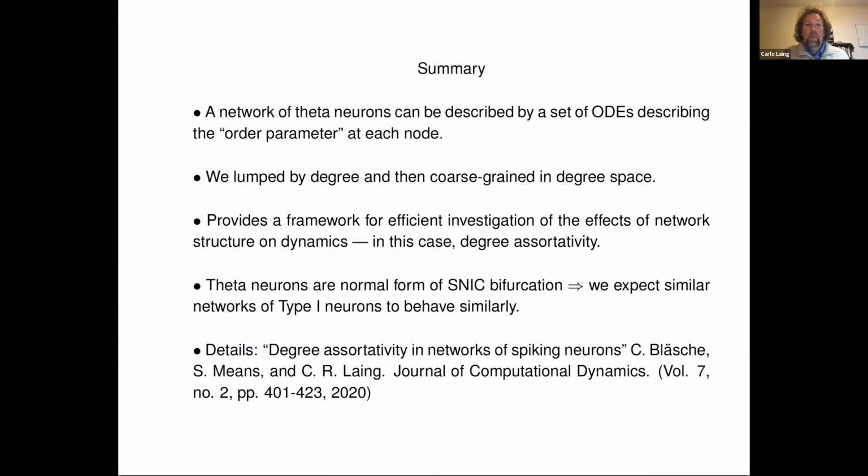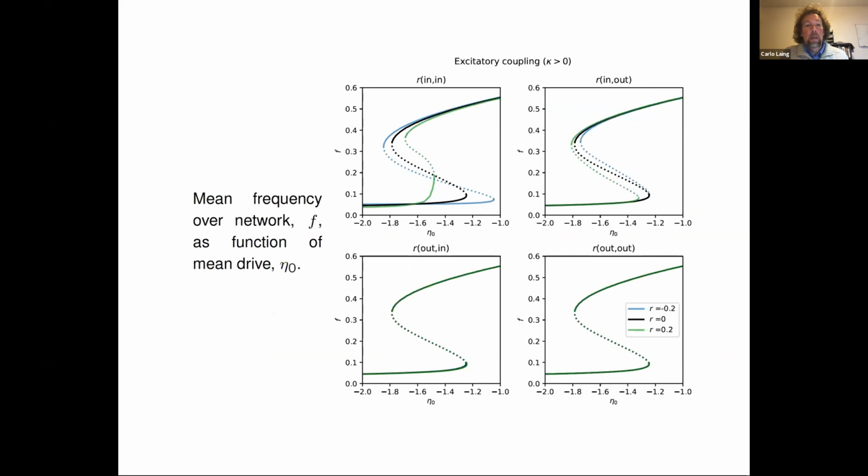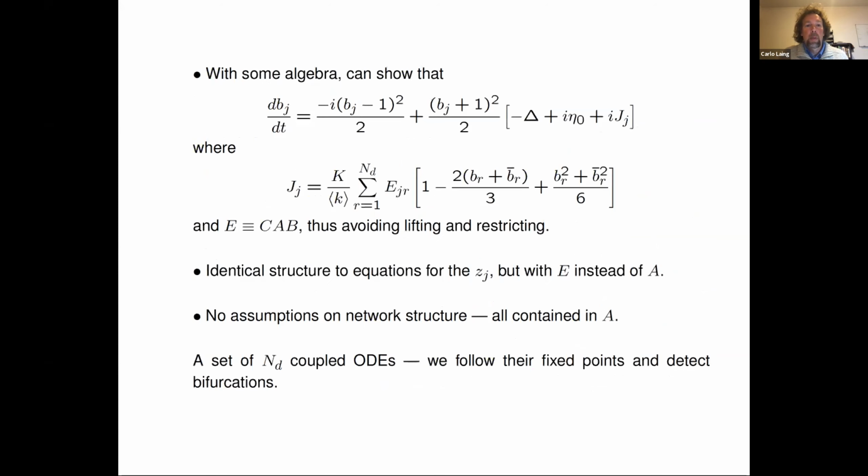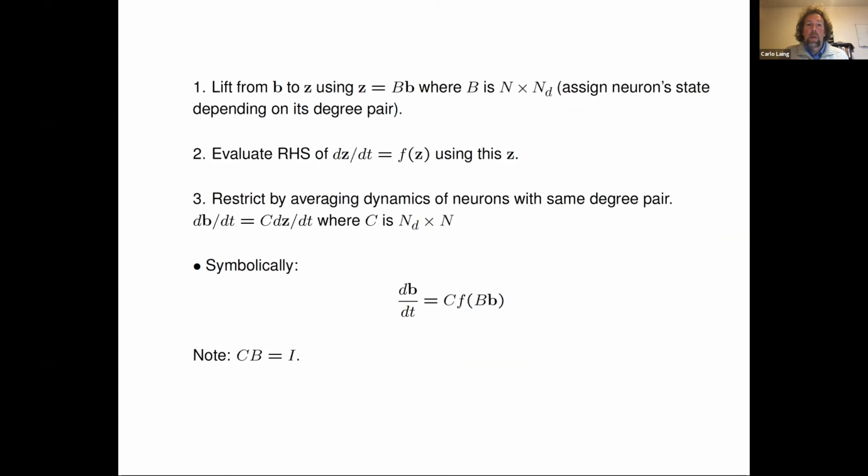Perhaps I can say a little bit about how you create the matrix E. I didn't really say that. I just said it was the product of these three matrices C, A, and B. B has size n by nd.